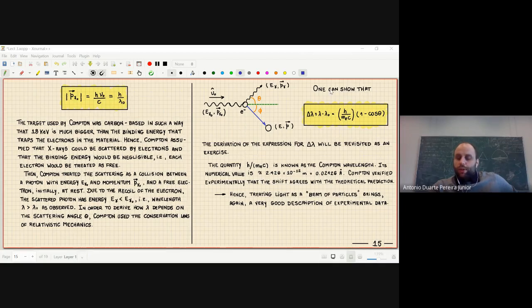Let me explain this first. This quantity h divided by the mass of the electron times the speed of light is what is called the Compton wavelength. So this just depends on universal constants: the Planck's constant, the mass of the electron, and the speed of light. I can compute this once and for all, and this gives 2.426 times 10 to the minus 12 meters.